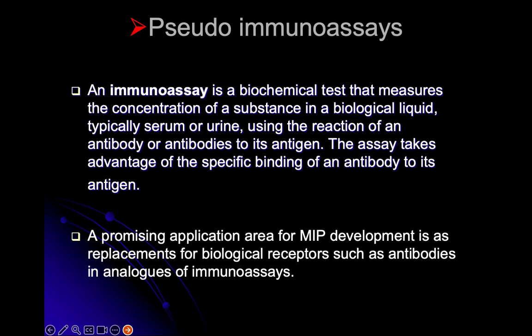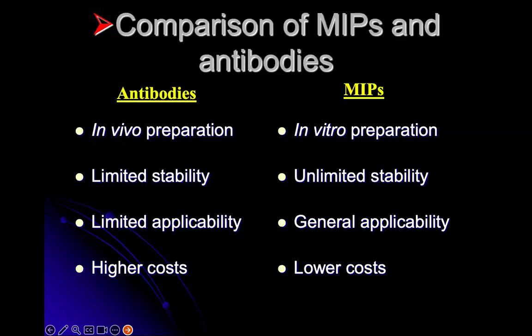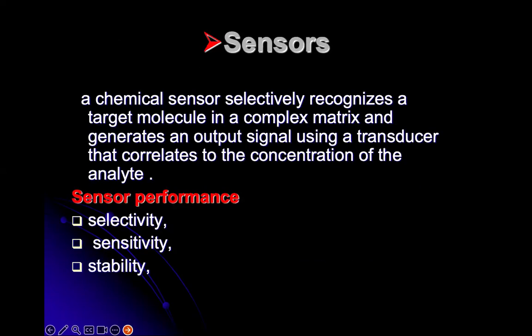You have to be trained, yeah. So it can be an antibody, plastic antibody, instead of antibody that is obtained from animals. All right, so this is antibodies from animals, and this is MIP. This is the comparison. So I think I have discussed the comparison just now.